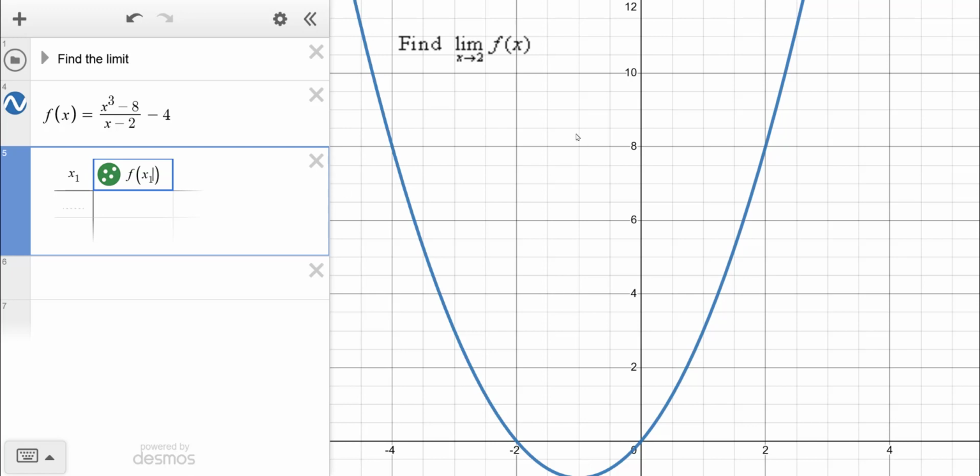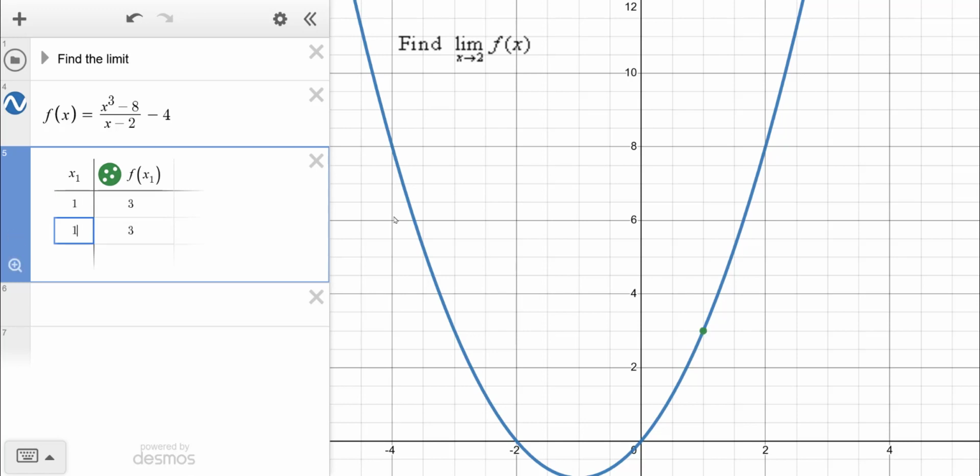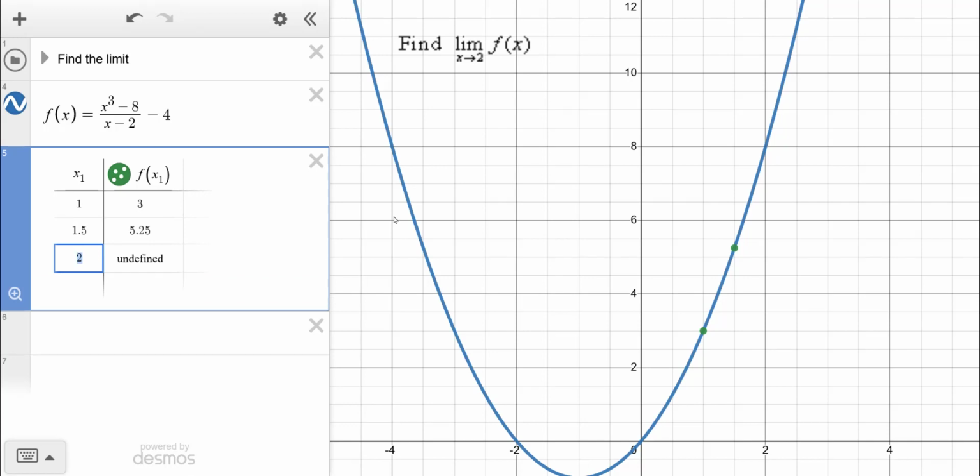Okay, now we want x to get really close to 2. So we can just put data into the table. We might start at 1, enter, skip to 1.5, enter, 2. Now I tried to predict where I was going next, and I don't want to go to 2 yet, but I want to get really close to 2.